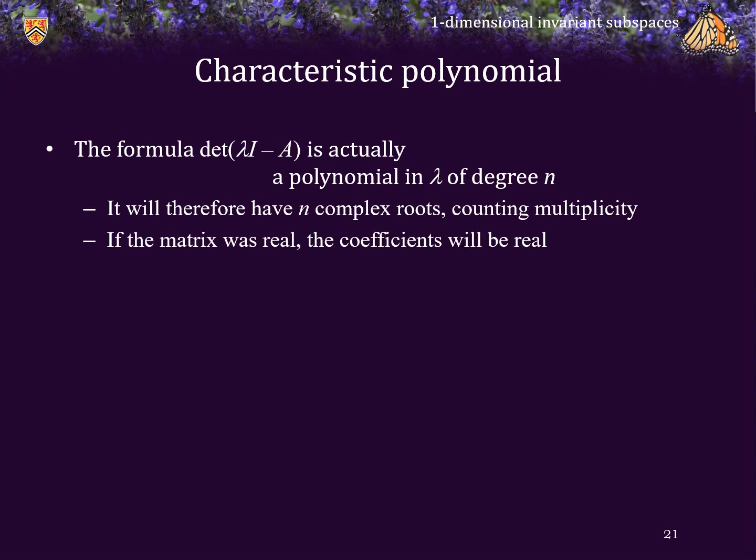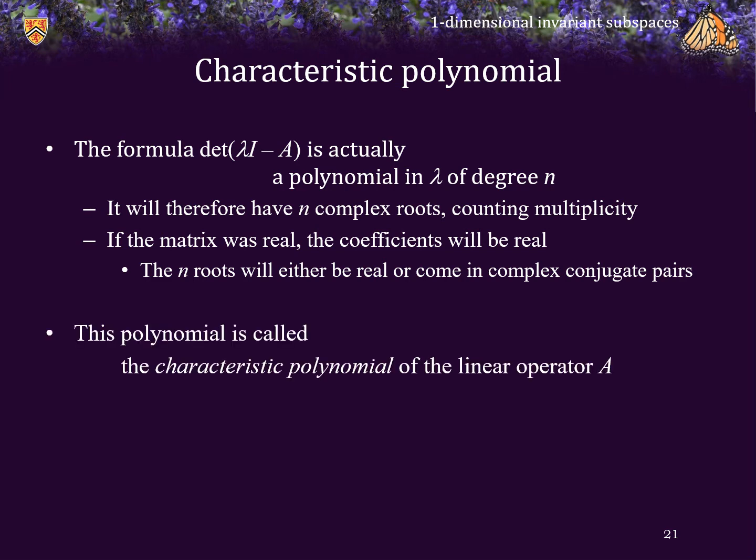If the matrix A itself is real, then the coefficients of this polynomial will also be real, and therefore the n roots will be either real or come in complex conjugate pairs. Now, this polynomial is called the characteristic polynomial of the linear operator A.